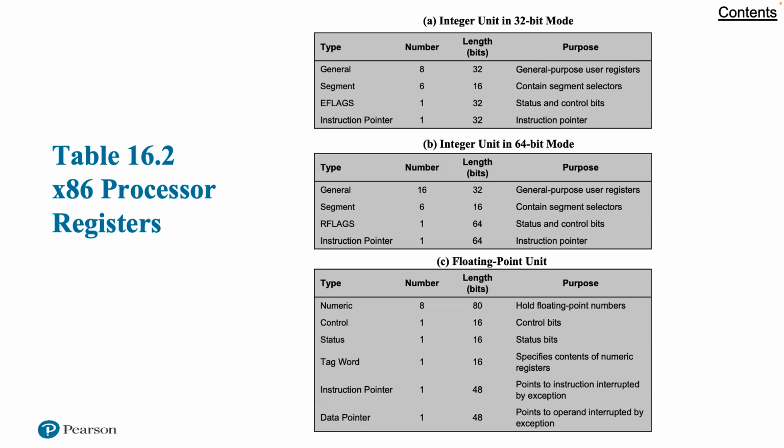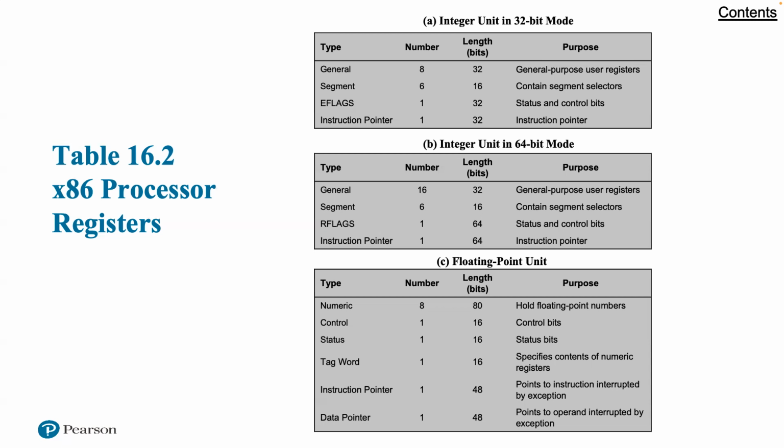Then we have the tag word. The 16-bit register contains a 2-bit tag for each floating point numeric register, which indicates the nature of the content of the corresponding register. The 4 possible values are valid, zero, special, meaning NaN, infinity, or non-normalized, and empty.